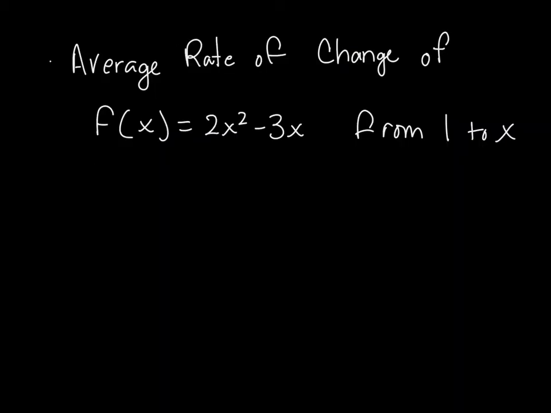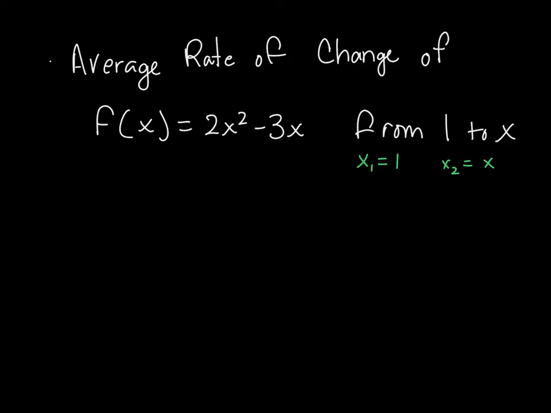All right, so this is a little bit more complicated because we are finding the average rate of change from one value to an unknown value. So if I'm going to go through and label this, my function is 2x squared minus 3x. And what this means is I'm letting x1 equal 1, and my second x value is an unknown, and we're just going to call that x for right now.